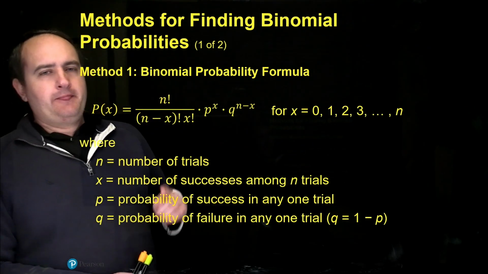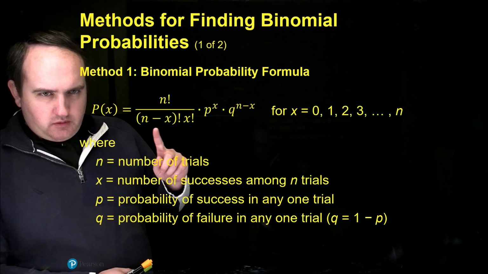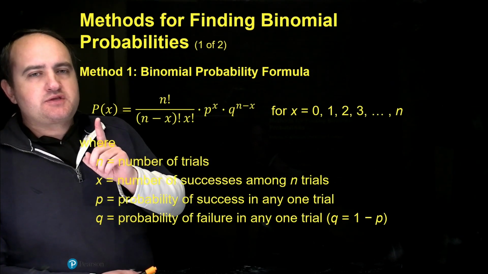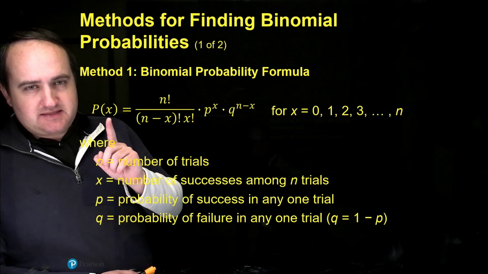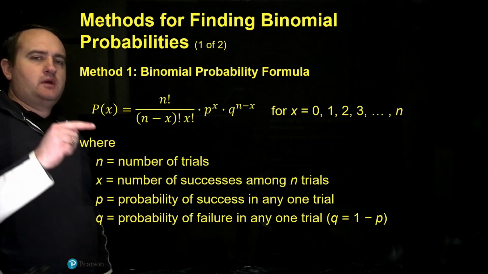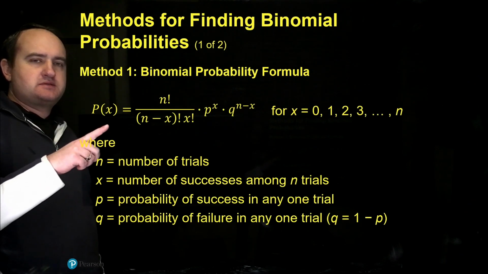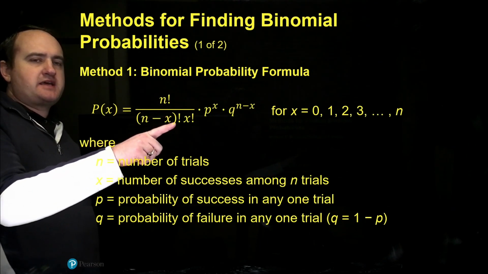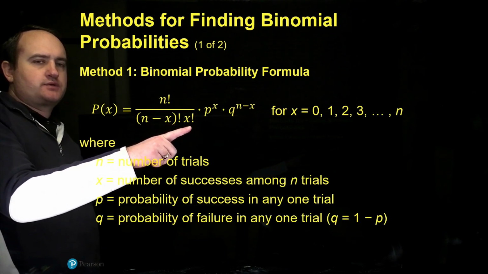So this formula looks quite intimidating. I know it has a lot going on, but it's saying that the probability of x successes equals n factorial over n minus x factorial times x factorial.